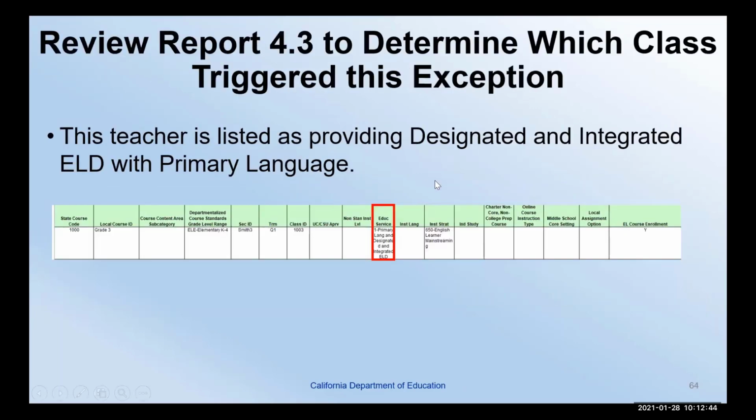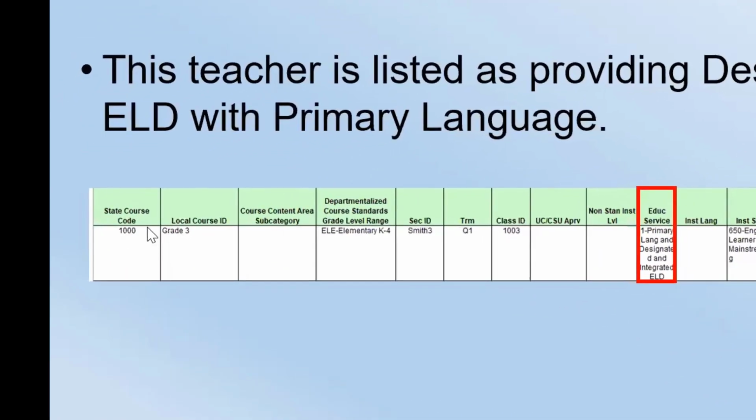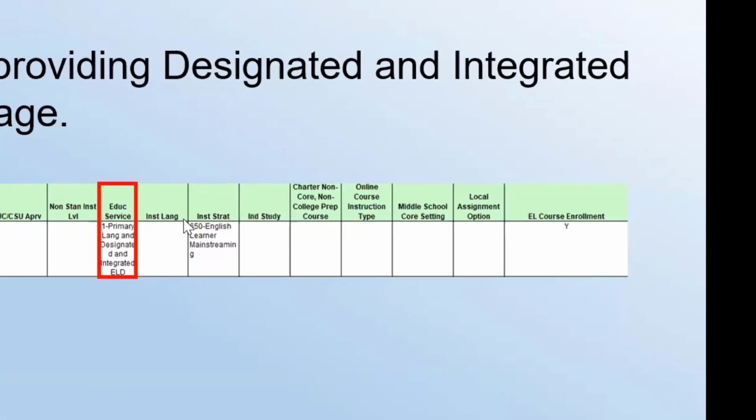So again, what you want to do is look at report 4.3 and verify that in fact, that is the course that generated the exception. You want to pay close attention to the type of course it is. In this case, it's a self-contained 3rd grade class in which primary language and designated and integrated ELD are occurring.